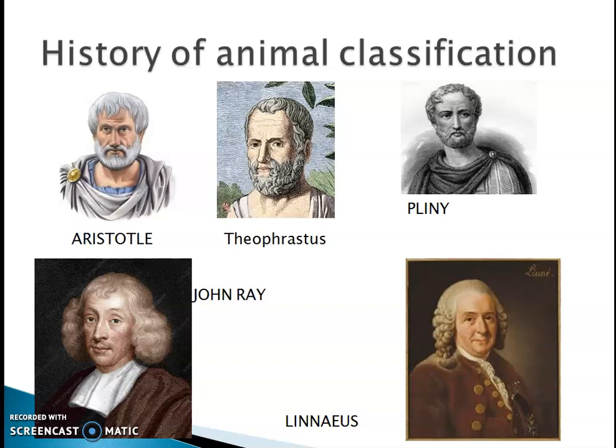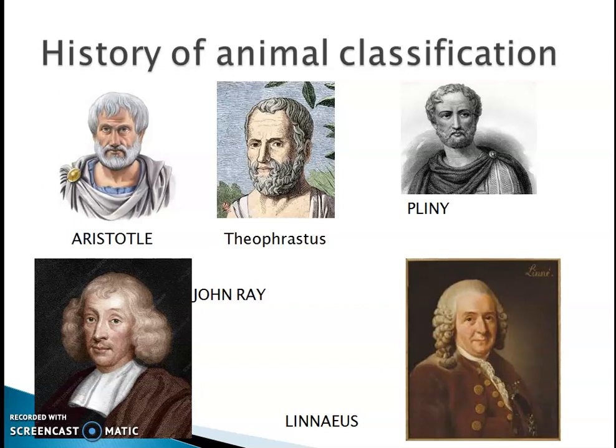Later on, natural system of classification was followed. Natural system of classification was based on various criteria like body organization, types of cells, chromosome, biochemical properties, etc. By the time, system of classification based on evolution was also brought into practice.